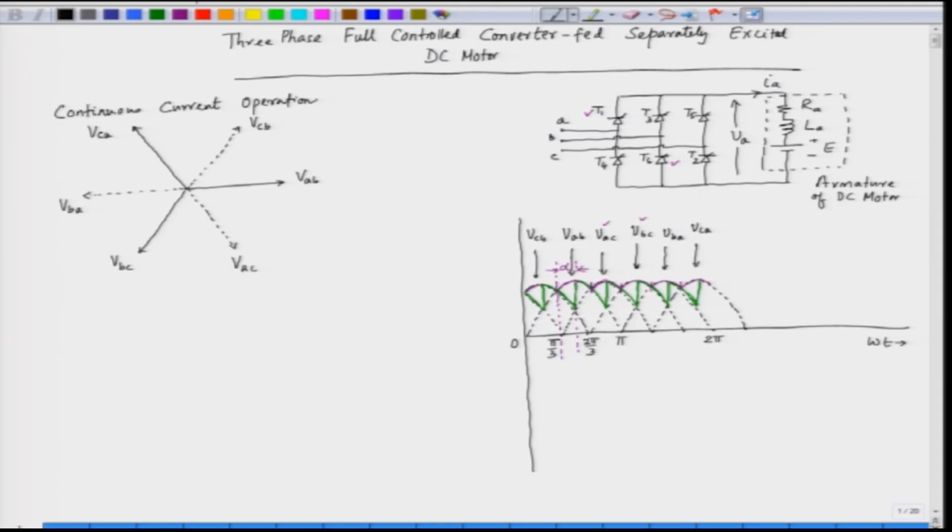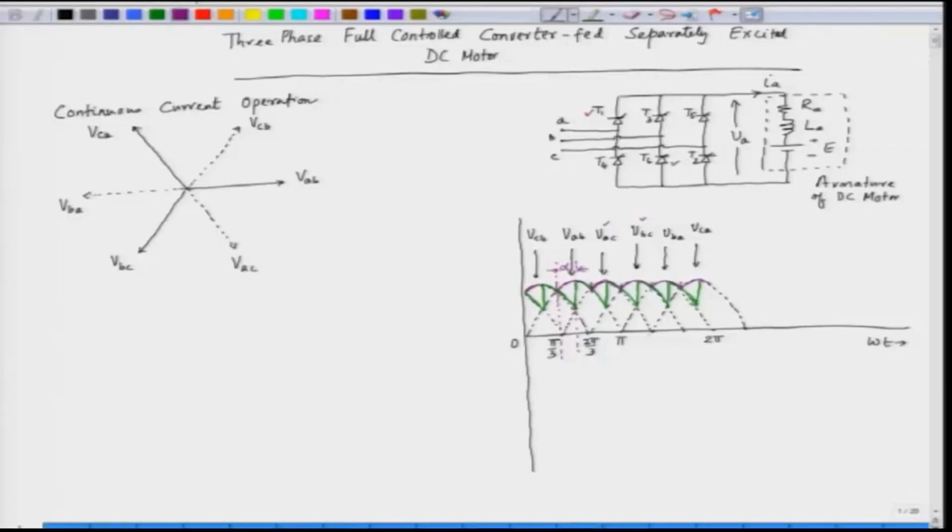So, in the x axis we have the angles, that is omega t. Now, what we have to do here is find out the average output voltage. The average output voltage can be found out by integrating over 1/6 of a cycle.